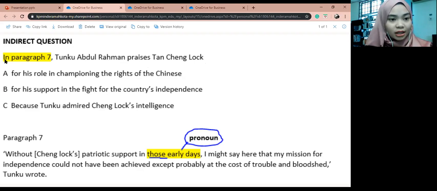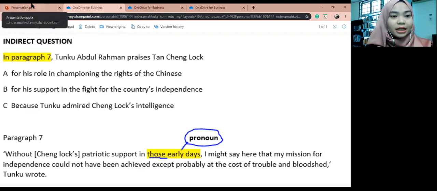You need to look at the stated paragraph, paragraph 7. "Without Cheng Lock's patriotic support in these early days..." As you can see here, those early days refers to a pronoun, and it is the answer to this particular question. So that means this is an indirect REF question.